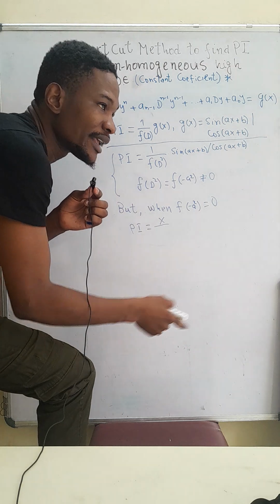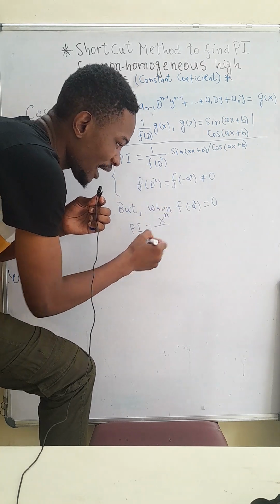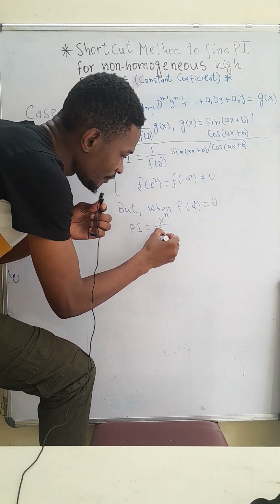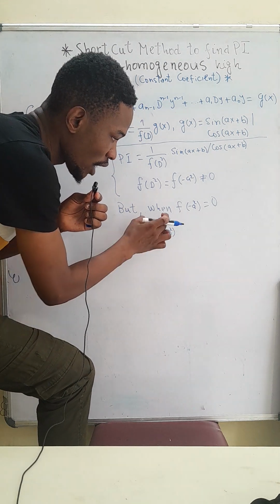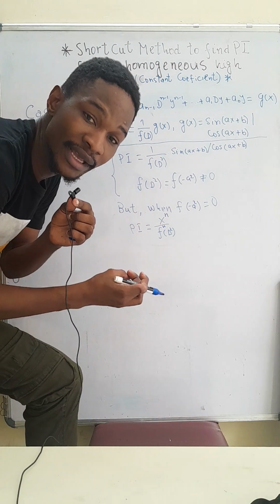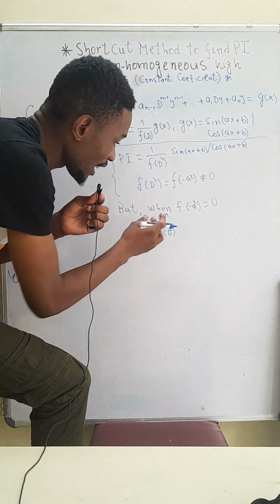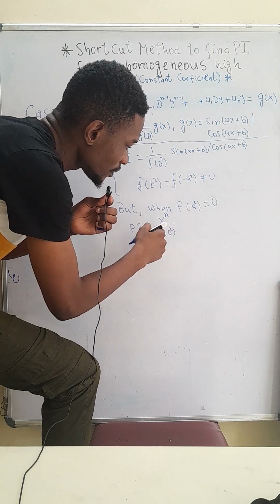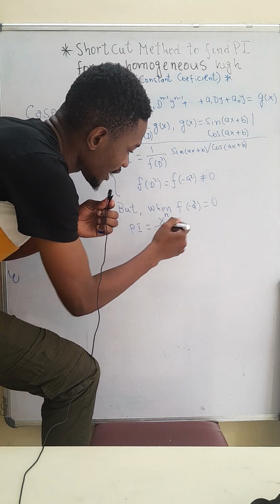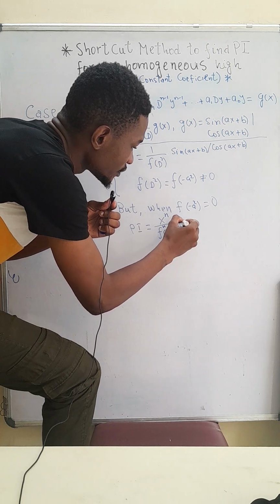If it repeats, I'll get x raised to n, and here f of d square raised to n, where n is the order of my derivative. The differentiation order is given by this, times g of x.